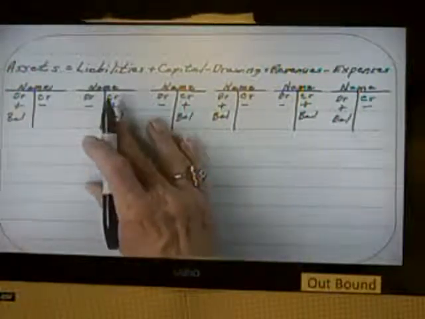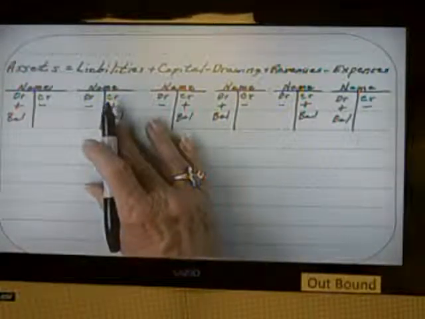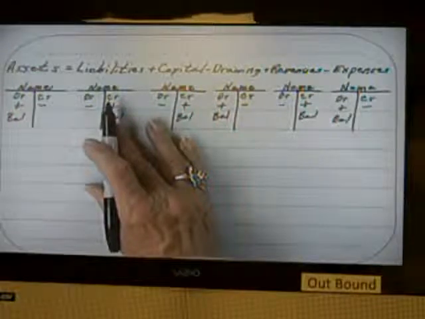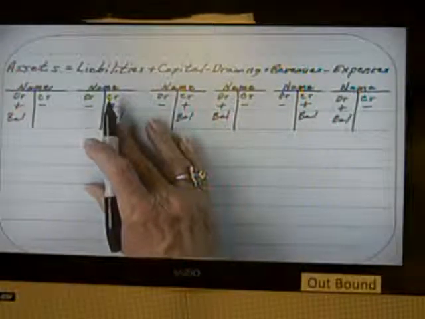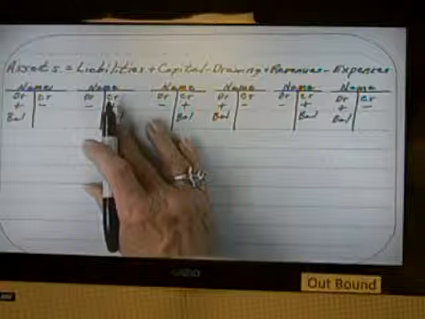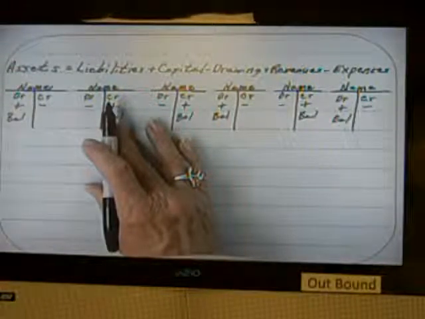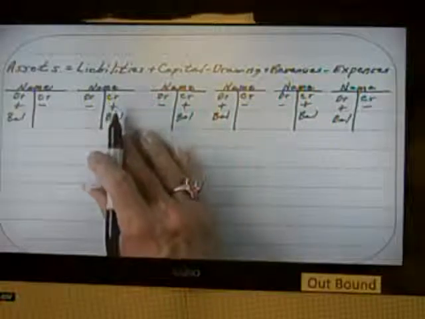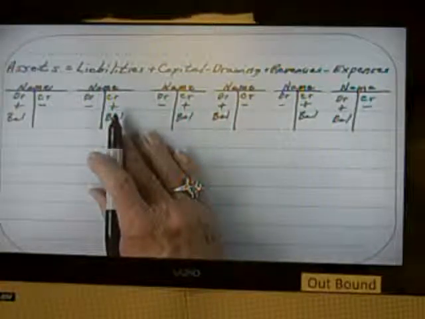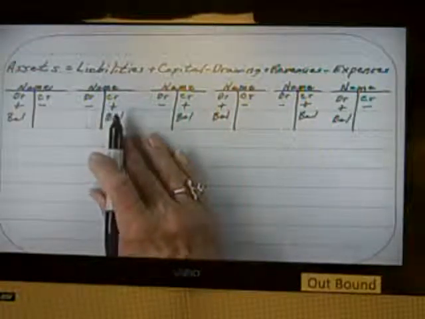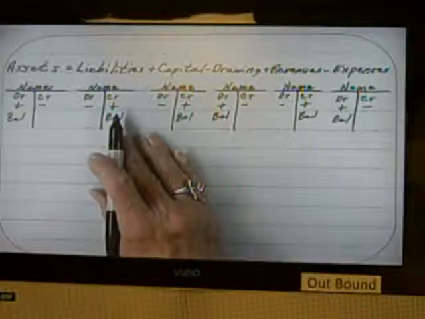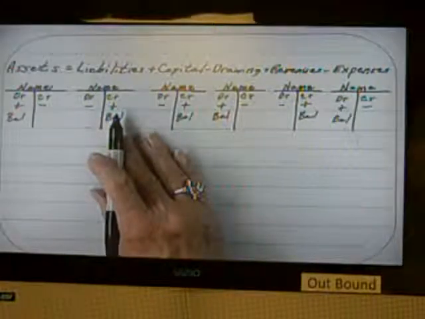We've incurred a liability. We owe something on account. Therefore, the name of that liability would be accounts payable. Accounts payable has increased because we didn't have one before and we have one now. Accounts payable is a liability.